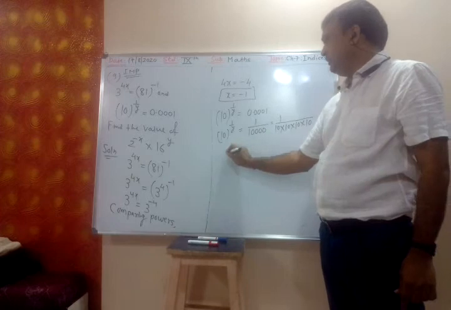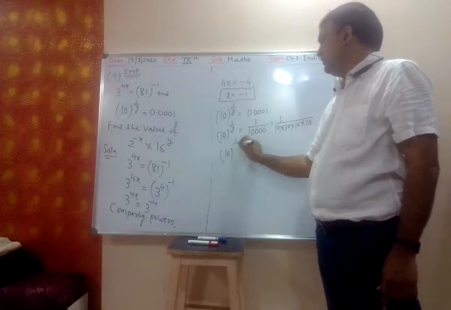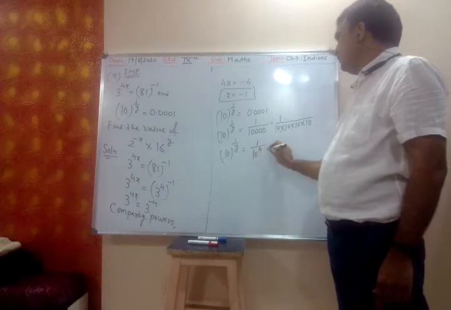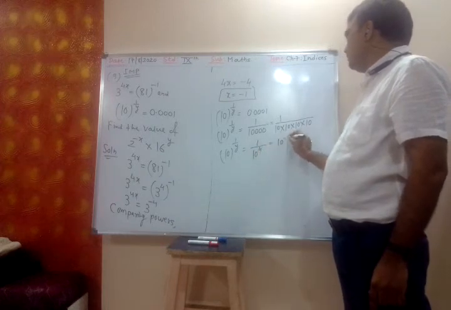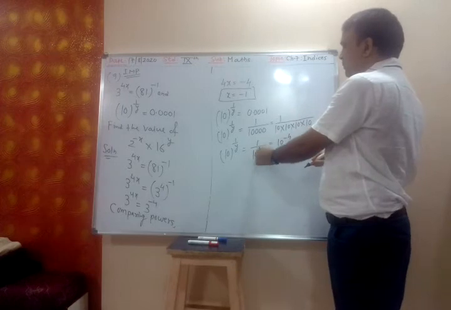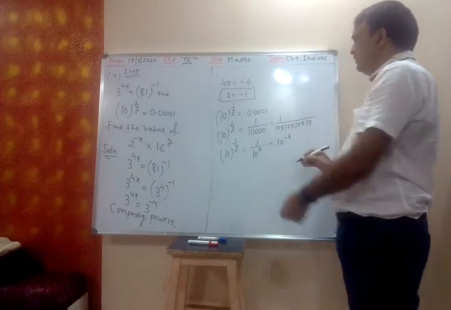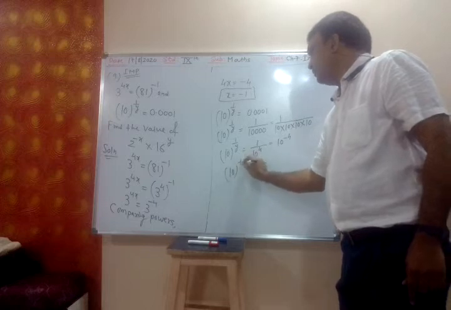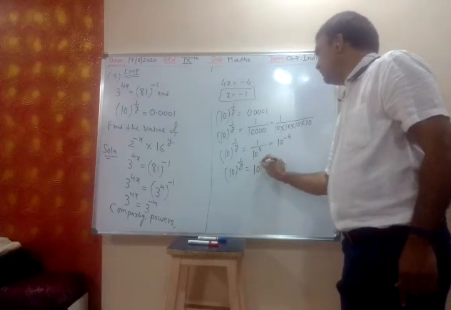So 10 raised to 1 by y is equal to 1 upon 10 raised to 4, which I can write as 10 raised to minus 4. This 10 raised to 4 I can take in the numerator. So 10 raised to 1 by y is equal to 10 raised to minus 4.